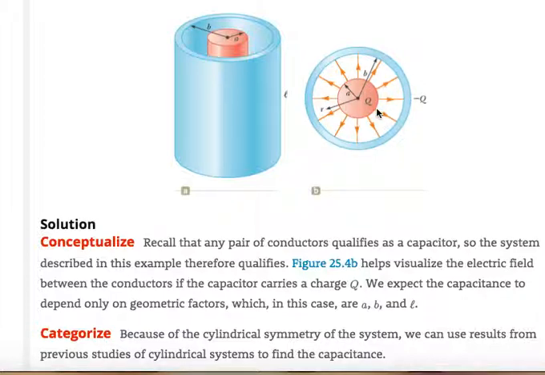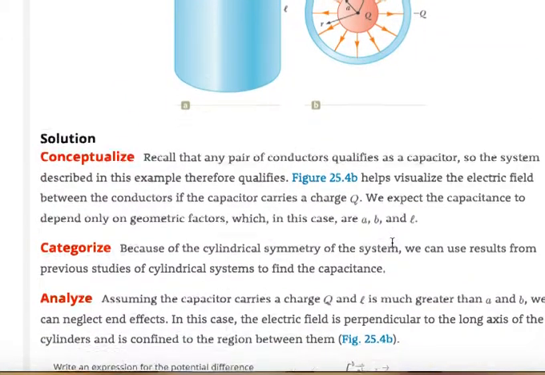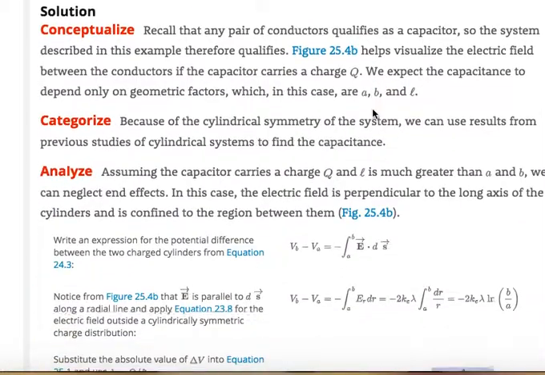And we know that the difference of potential is related to the electric field and the distance between those two points. Down here, the change of potential is equal to negative integral from A to B of the electric field times the distance, ds. Going up, it's the integral from A to B of the electric field times that distance.